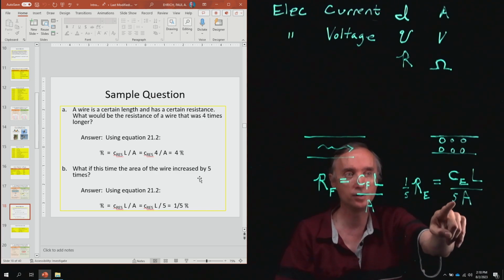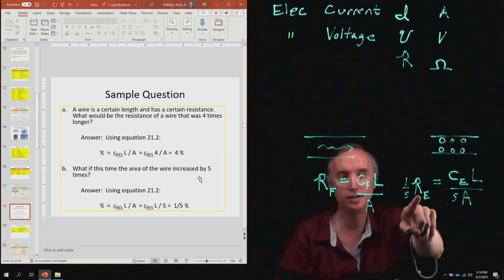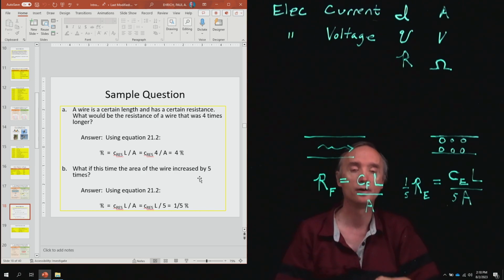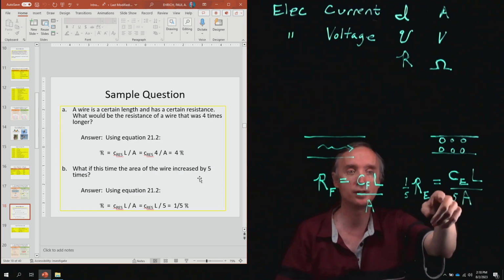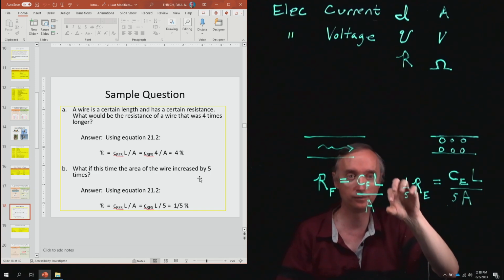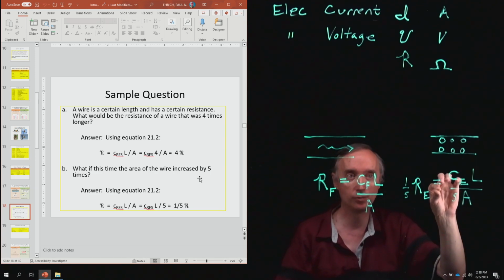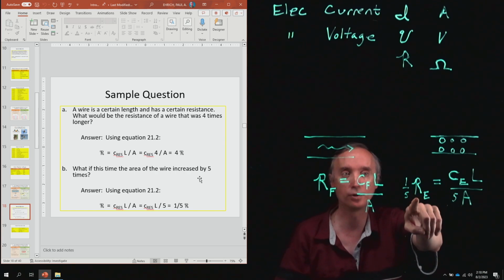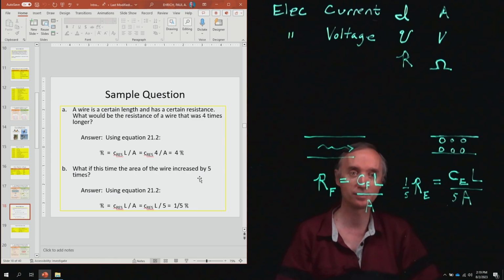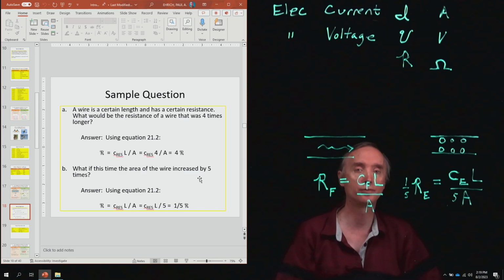So we've increased the area, that's decreased the resistance, which means it's easier for the water to flow through the pipe. So similarly, if we increase the thickness of the wire, then what that will do is lower the resistance of that wire. So that's an example of the type of question that you should be able to answer on the exam.